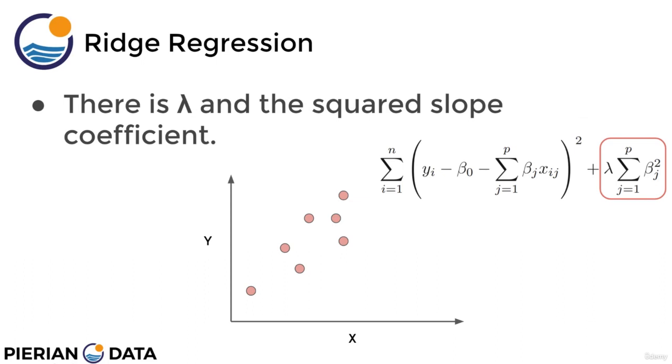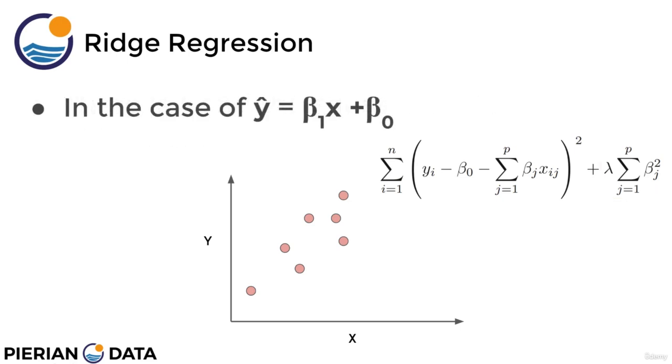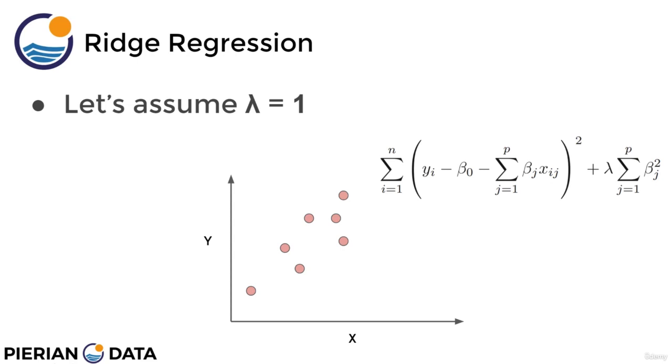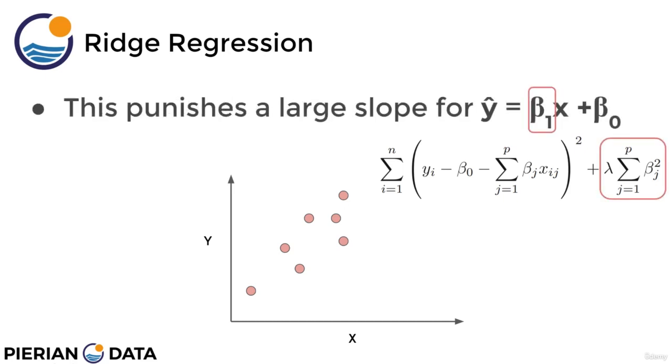Recall, this beta 1 is really what we're focused on, so if we assume lambda is equal to 1, then really what we're trying to minimize is the beta coefficient and the beta coefficient squared. So what this actually does in the case of a single feature x is if we're trying to minimize this beta coefficient and the square of this beta coefficient, then it's going to start punishing it if you have too large of a slope.